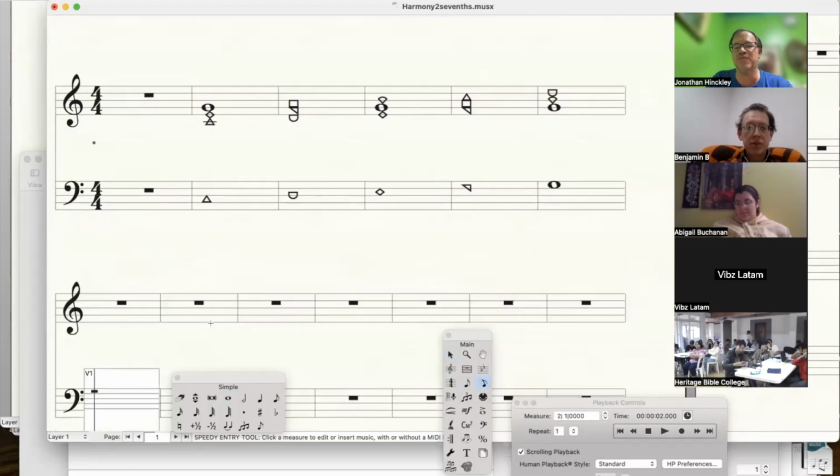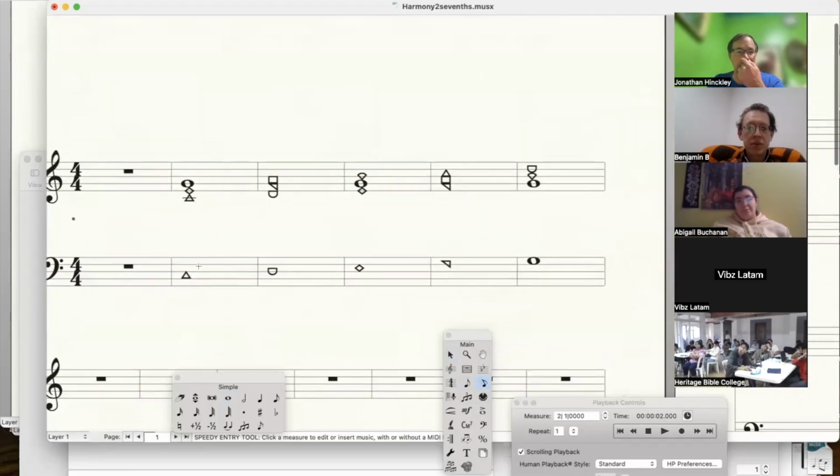So even if it's far removed from what's going on up here, the bass usually will tell you what the root of the chord is. It's a cheat, really. It's a way to almost always tell you what the chord is when you're talking about basic harmony, which is what most hymns are, is very basic harmony. So again, notice it's way down here, but that's the root, right? That's what it's based on.